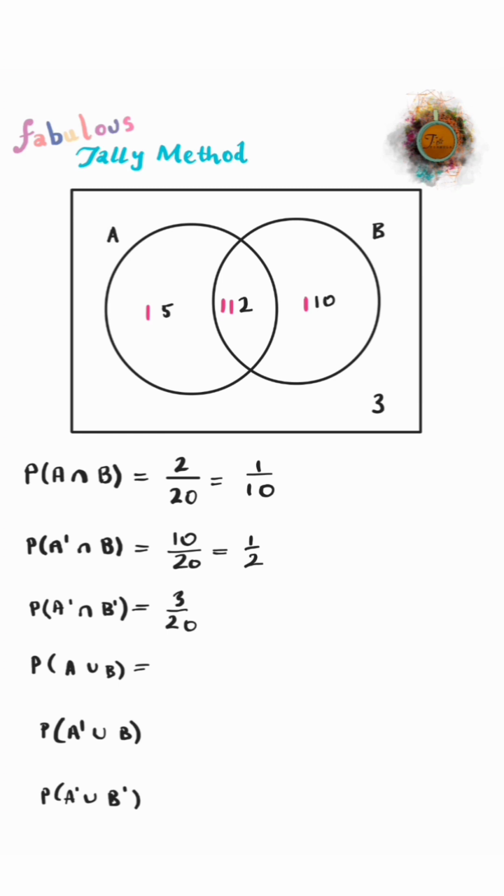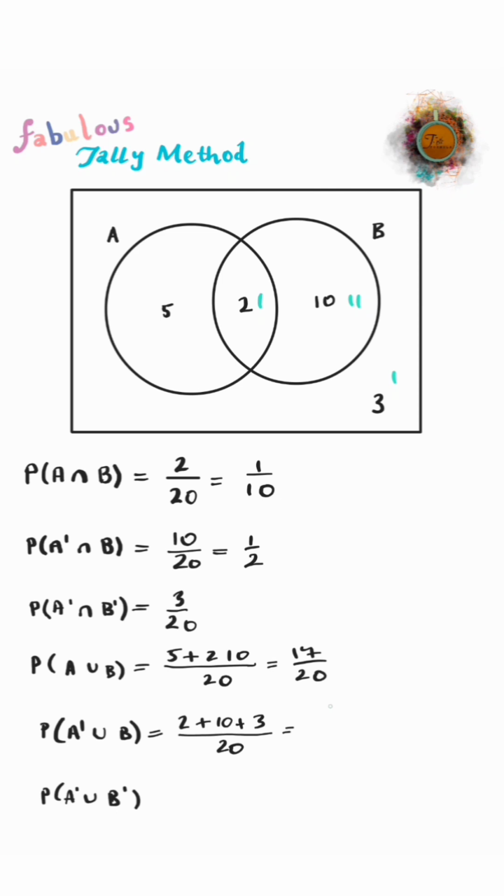What would that look like for a probability? We would have 5 plus 2 plus 10 all over our 20, which is 17 over 20. Let's try it with the next question. Begin by highlighting the sections which are not A. Next, that are B. And because we're using the union, we're not using intersection, all of those will count.